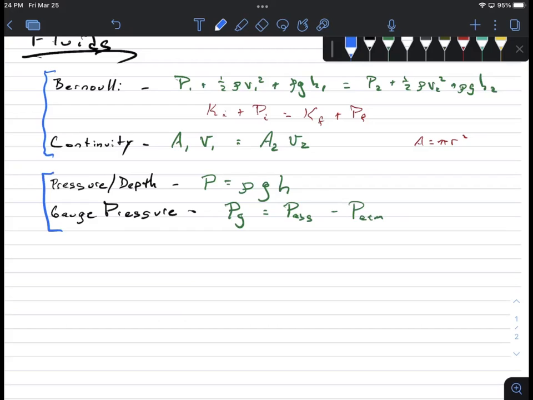And the rule I use for this class, and this is not some standard rule that is true universally, this is just for our class, the rule I've made up is you always assume I'm asking for the gauge pressure unless the question specifically says, tell me the total pressure or tell me the absolute pressure. If I ask for the absolute pressure, then of course you give me the absolute. If I don't say anything like that, just say what pressure will the diver feel, then you're to assume I want the gauge pressure.